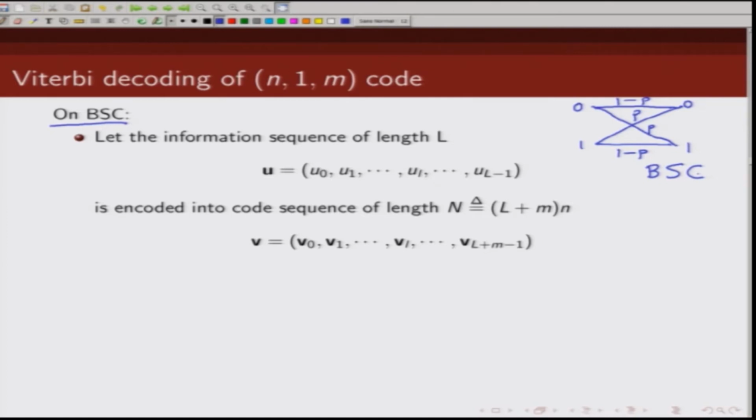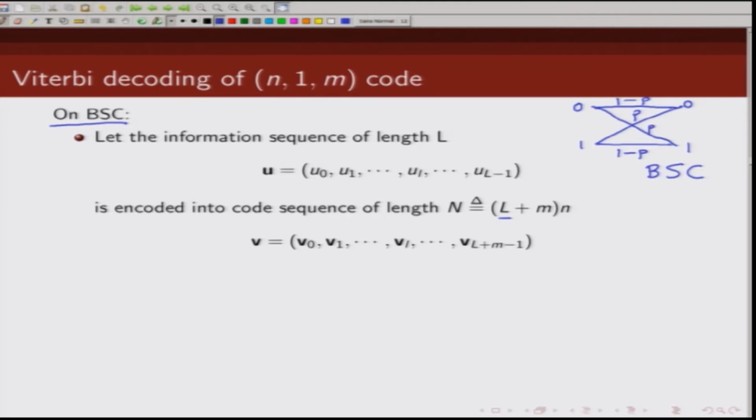So let us consider that we have an information sequence of length L denoted by U, and it has been encoded into a sequence of coded length n, which is coded using a rate 1 by n code. Now L corresponds to the number of information bits.